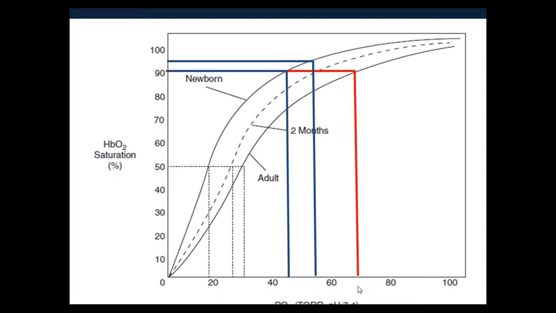Then you may need a little bit higher inhaled oxygen to maintain that partial pressure. So you have a range between 50 to close to 60 partial pressure of oxygen to get reasonable oxygen saturation, but you need higher partial pressure, 70 to 80, to get the same level of saturation.